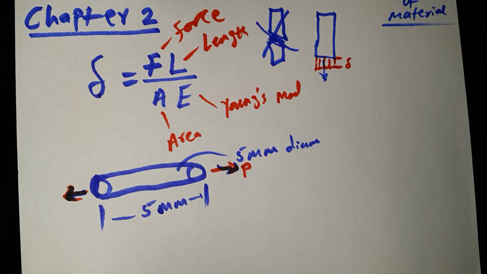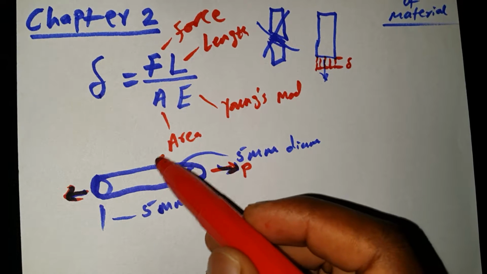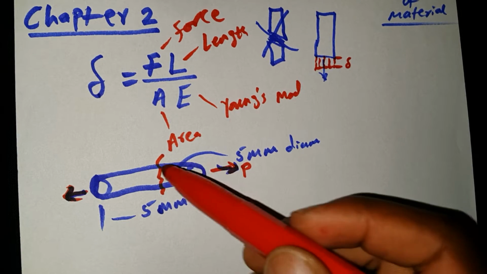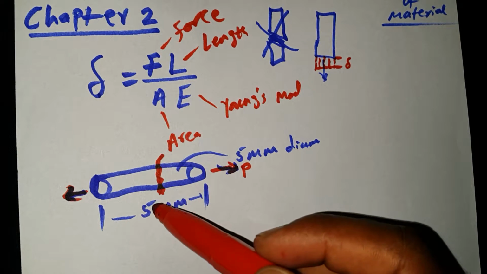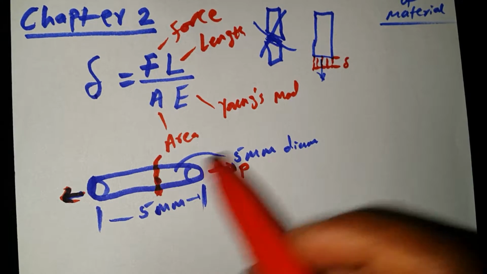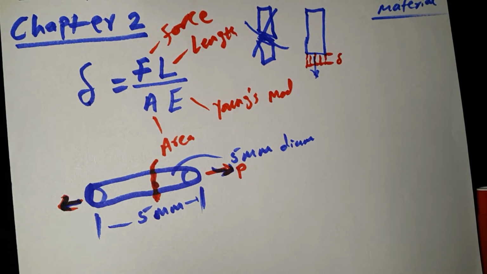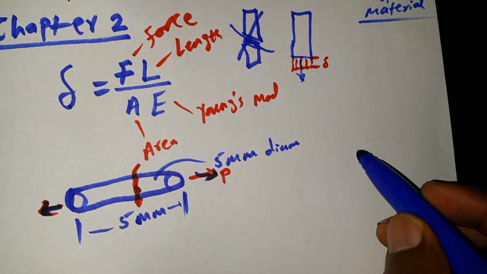There's one thing you must know. In chapter 2, if they ask you to find the deformation of any member, you must cut the member. When you cut the member, you can find the internal force on that member. So if this member is cut from somewhere here, we will have something like this.